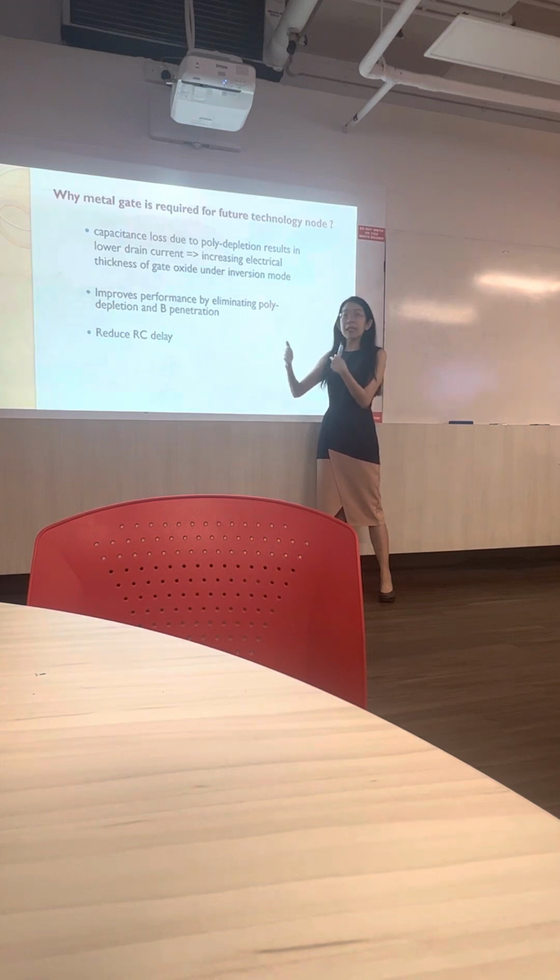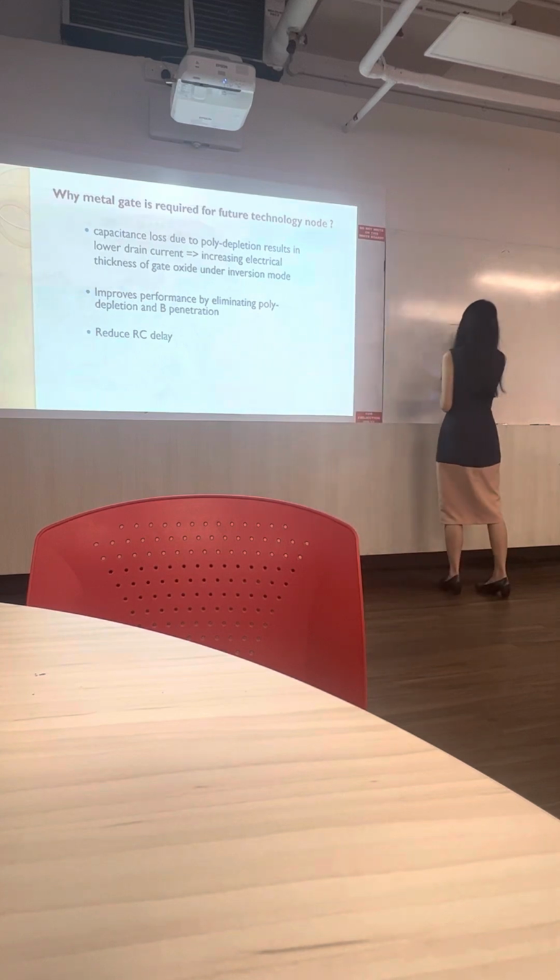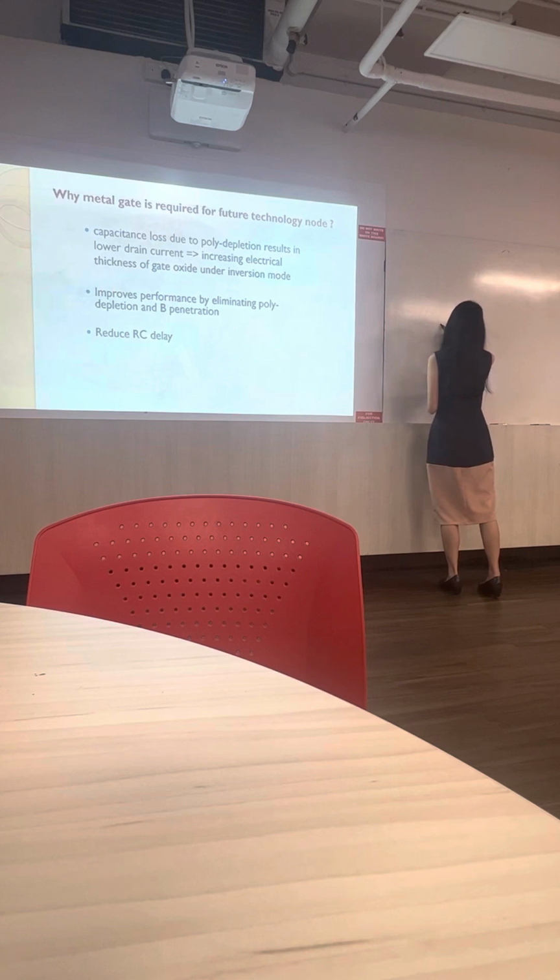But as the device gets smaller, it becomes more prominent, because the gate oxide is now thinner and the C-ox is actually higher. So you have the poly depletion C1 and C2. This is C poly depletion. This is C oxide. Again, 1 over C total.